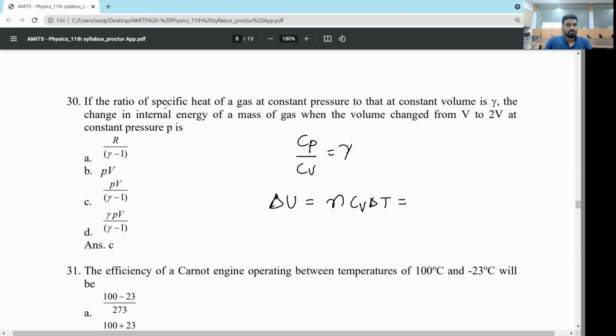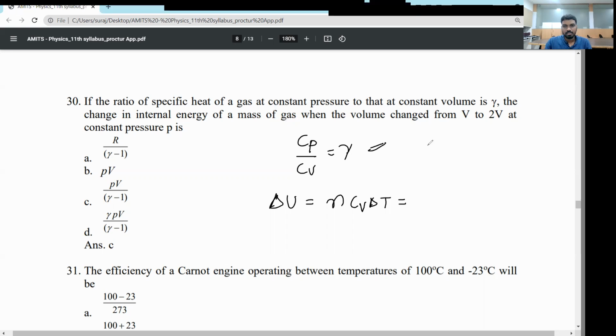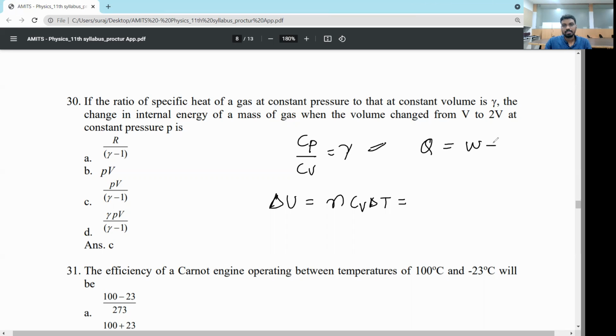The change in internal energy of the mass of a gas when the volume changes from V to 2V at constant pressure. What is the formula? Q equal to work done plus del U. Q is nCp del T. Work done is P del V. Plus del U is nCv del T. Just divide by nCp del T everywhere.